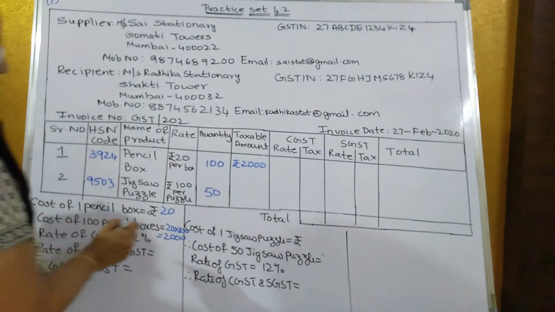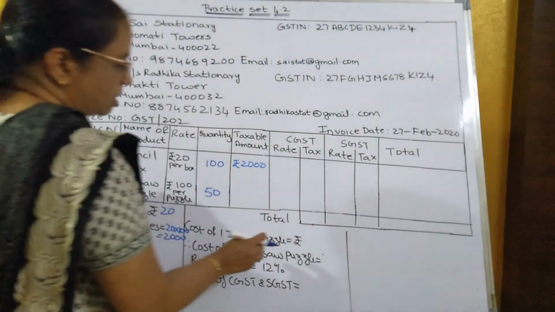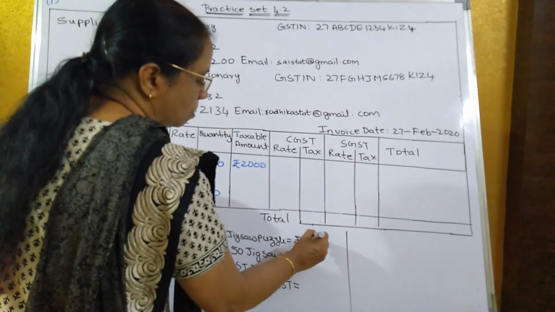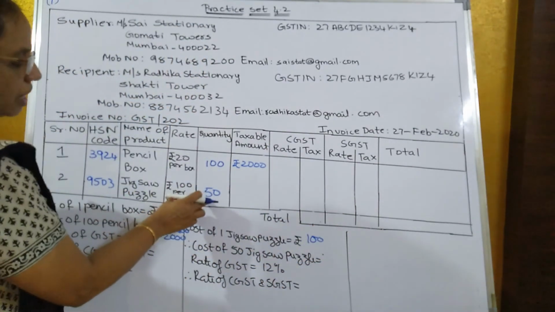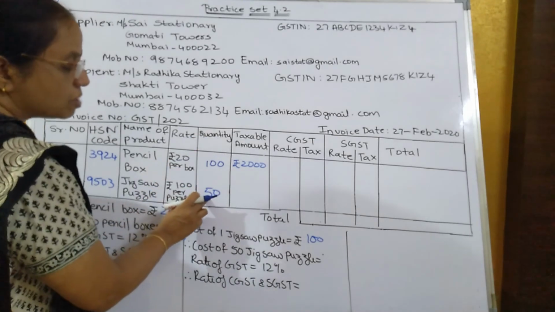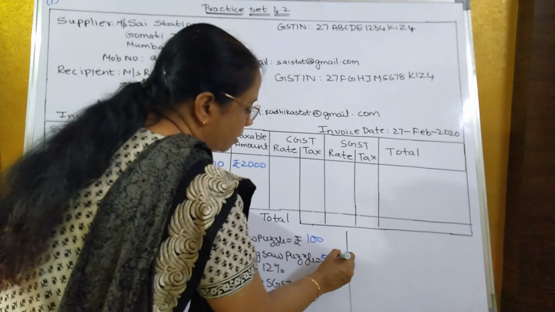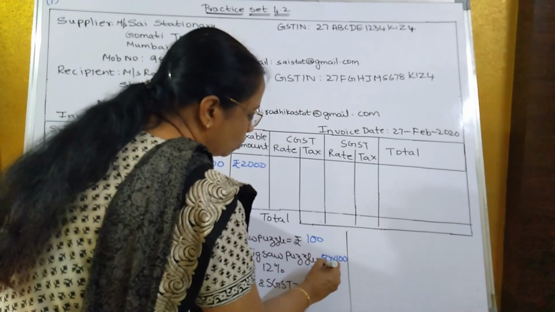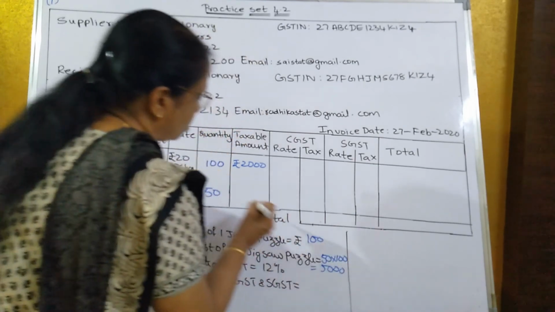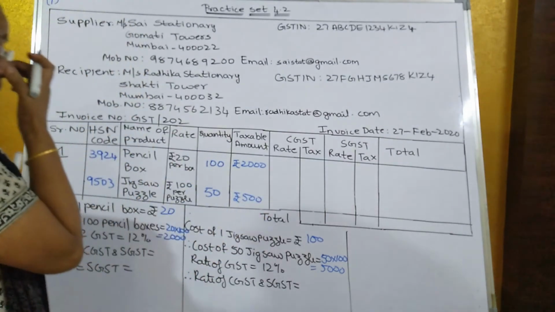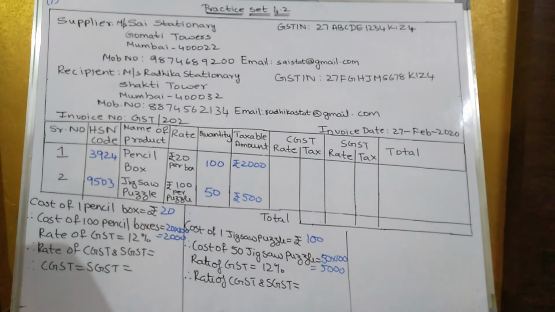Same way the cost of one jigsaw puzzle is rupees 100. And how many jigsaw puzzles has he bought? 50 of them. So 50 into 100, that's equal to 5000. So this will be rupees 5000.